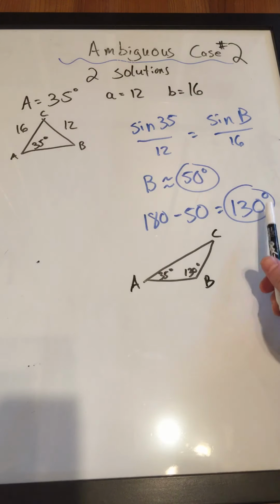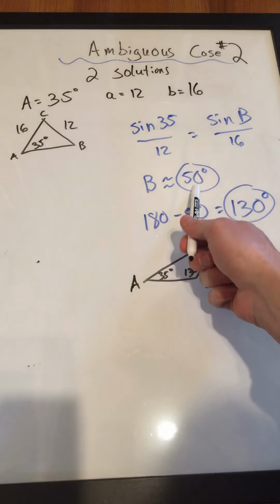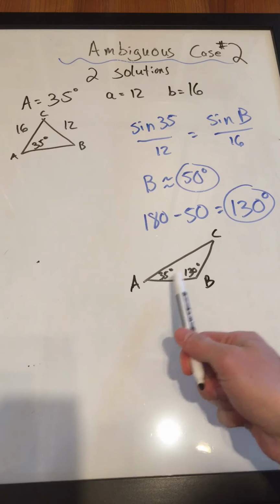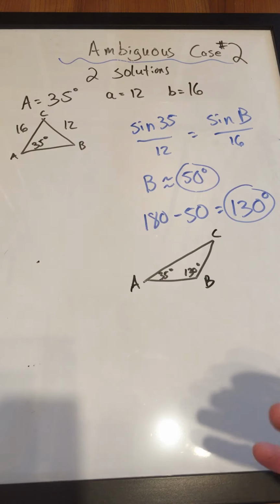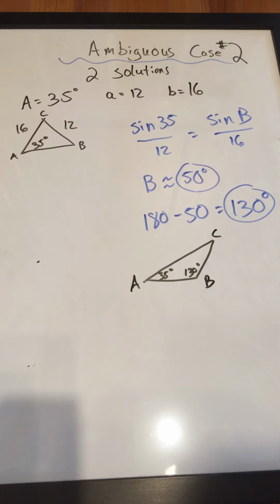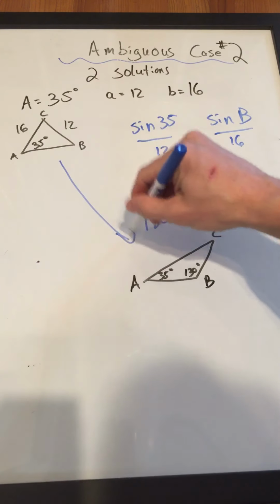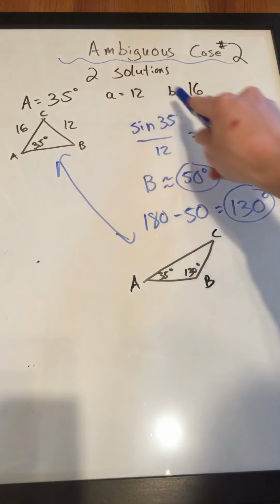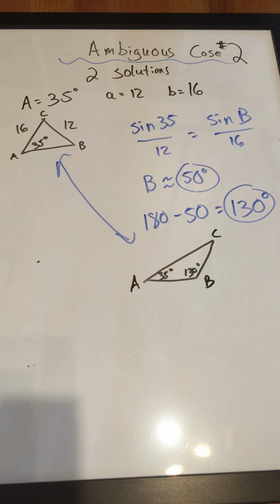The reason why we can't exclude either one of these answers is, well, 50 plus 35, that's under 180, so I'm okay. I can then solve for angle C. 35 plus 130, that's 165. I still got room left over for angle C. What this situation has got me to is there are two triangles with these given conditions of angle A being 35, side a being 12, and side b being 16.